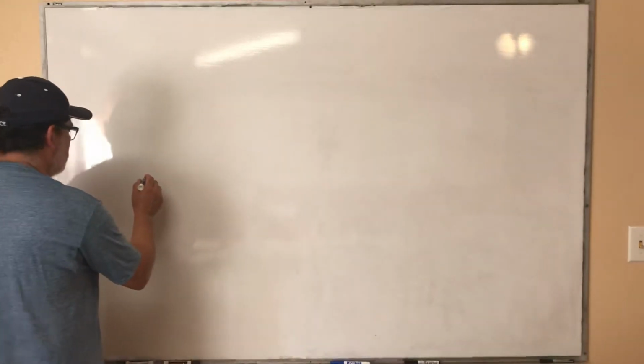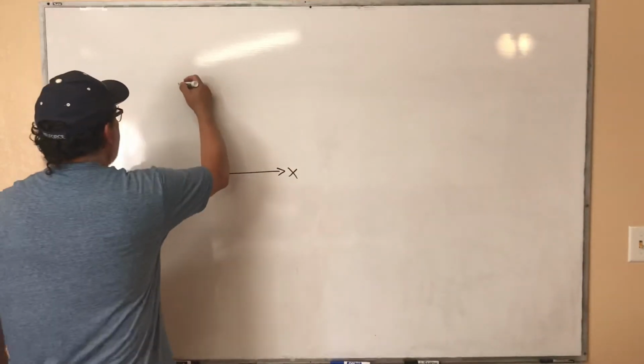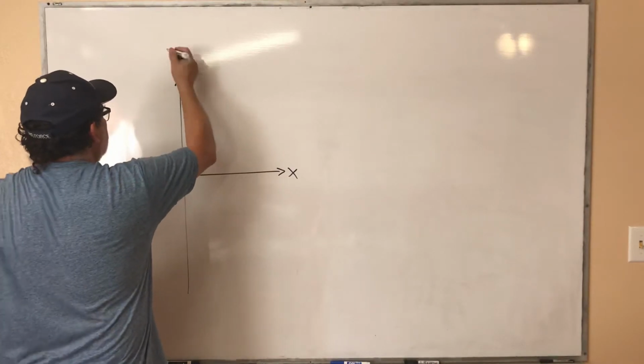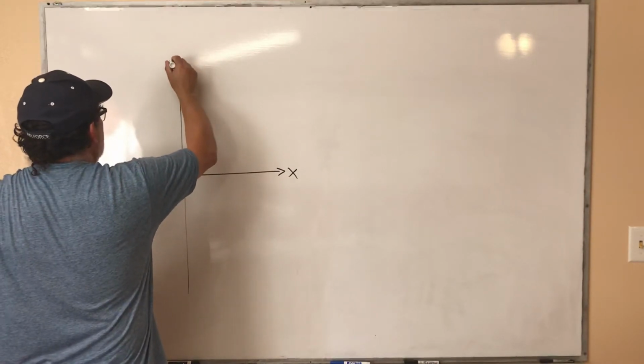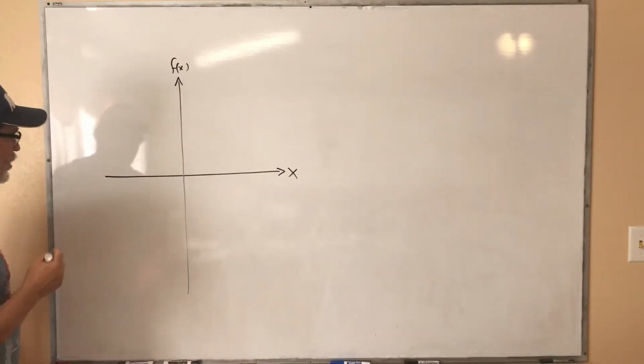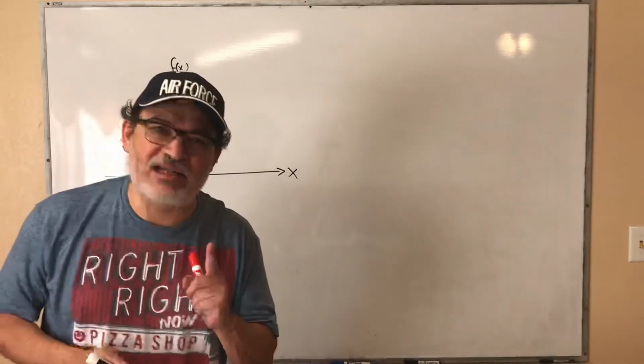So here we go. I'm going to call this f of x. So watch this function. I have to make sure that it passes the vertical line test.